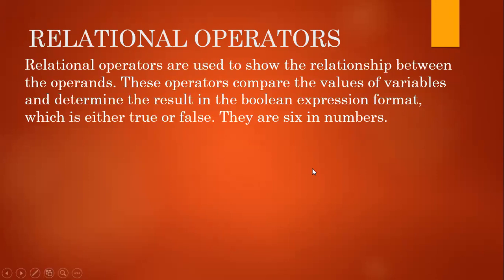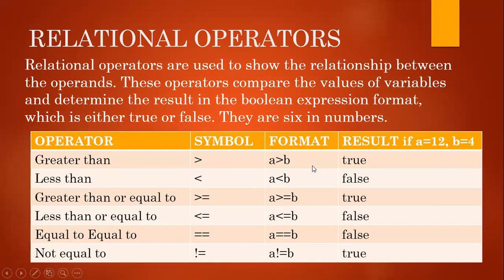Okay, so there are around 6 relational operators. These are the names of those operators. We read them as greater than, less than, greater than or equal to, less than or equal to, equal to, and not equal to. This is how we read them, this is how we call them.